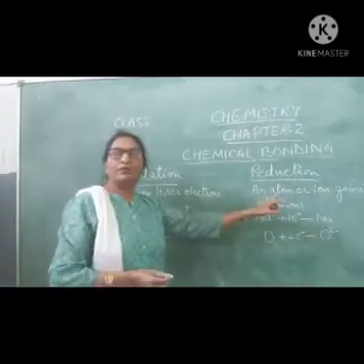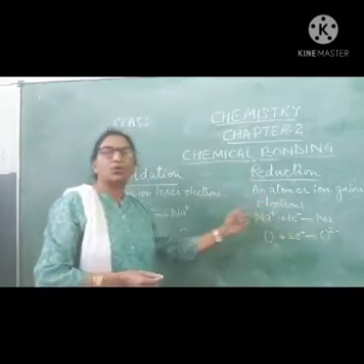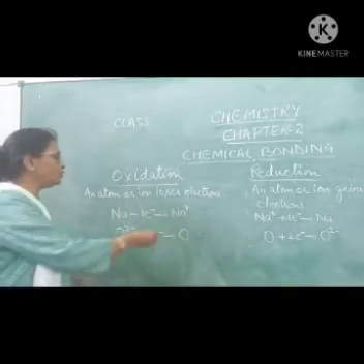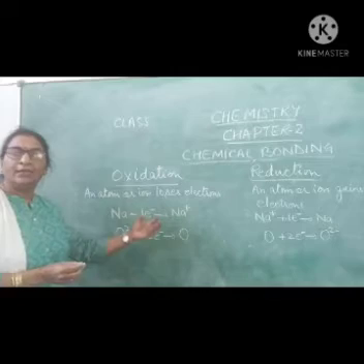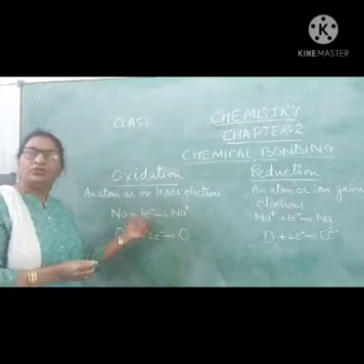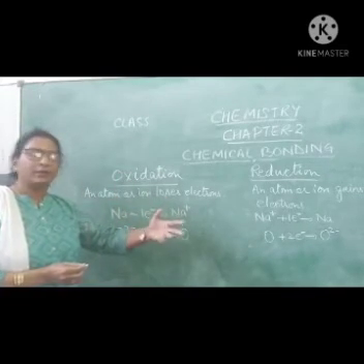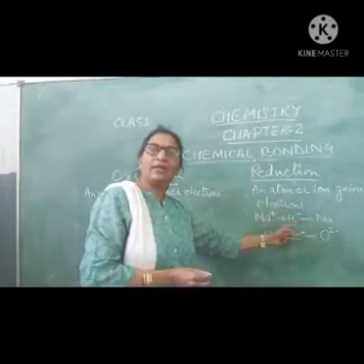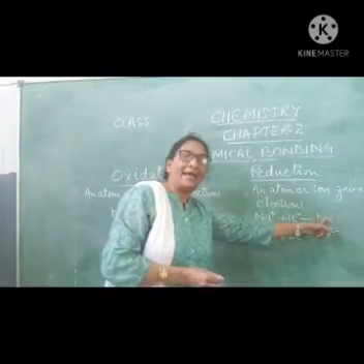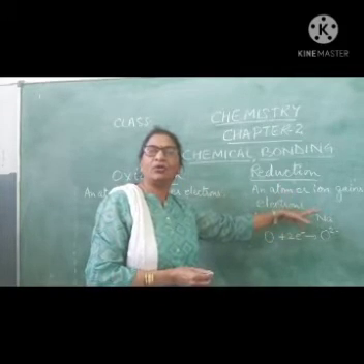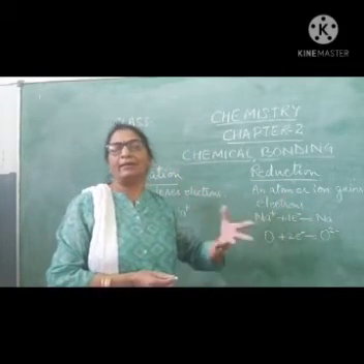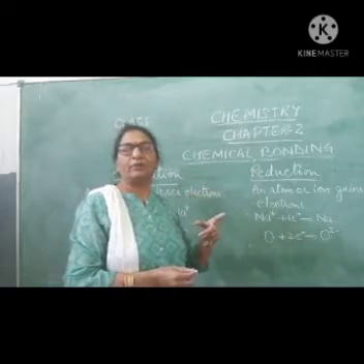In case of reduction, if this sodium ion wants to change back to sodium, it will gain the 1 electron which it lost earlier. So when it gains this 1 electron to convert into a sodium atom, it is reduction. So gain of electron by an atom or ion is called reduction, right?